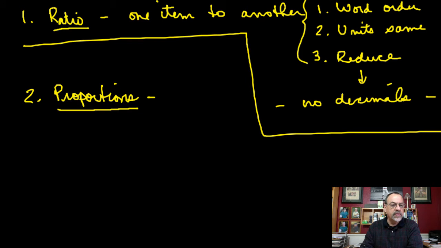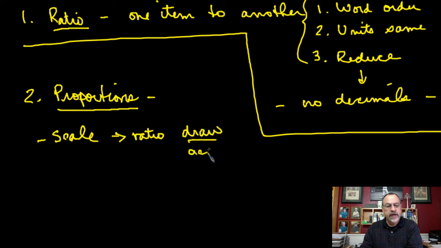So when we're talking about proportions, we need to figure out what the scale is, okay? And the scale is simply a ratio of the drawing to the actual, okay? So this is a ratio and this is called the scale.